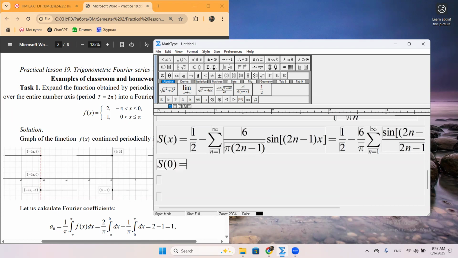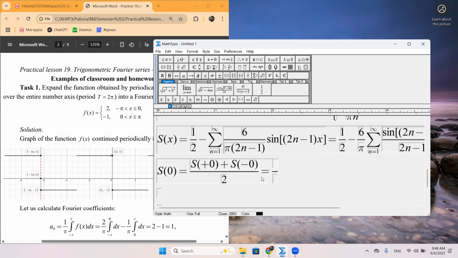So let's calculate the sum of the series at point 0. This is a jump of the function, so the value of the sum will be calculated in the following way: s from plus 0 plus s from minus 0, divided by 2.